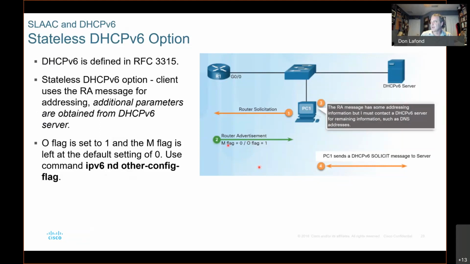The A flag is also set, but the important thing is the O flag is set. So now PC1 creates its own address, and then reaches out to the DHCPv6 server and says, hey, I need other information. And the server responds with the information that it needs to be able to complete its addressing.